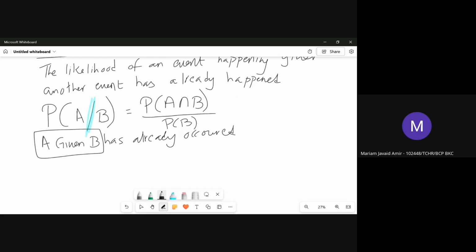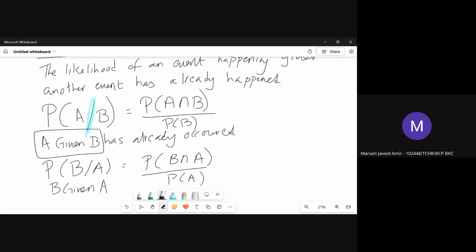Similarly, if this was probability B given A has occurred, so probability B intersection A upon probability of A.